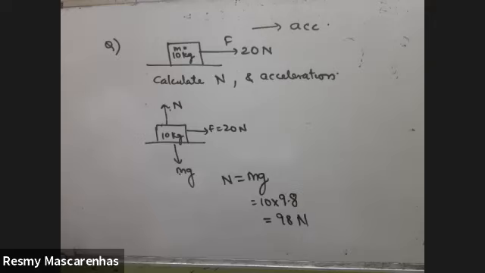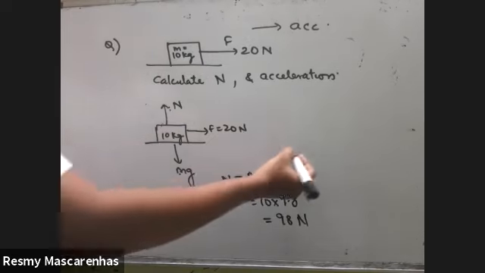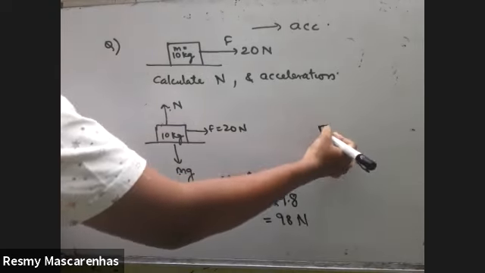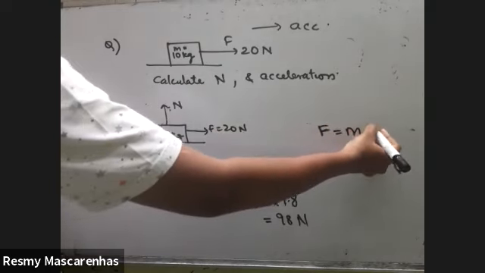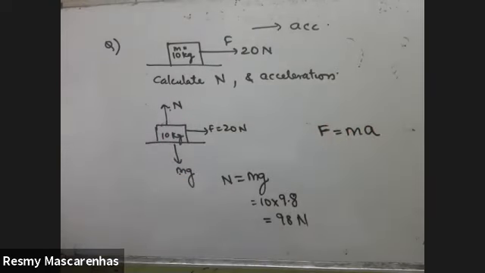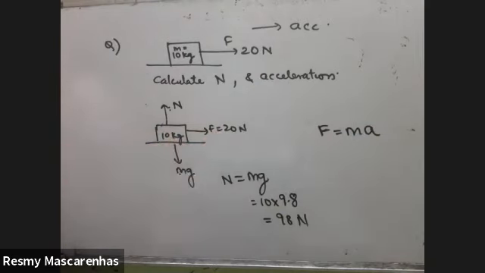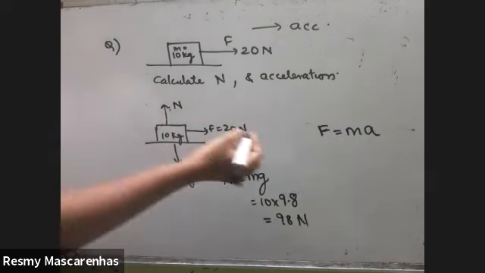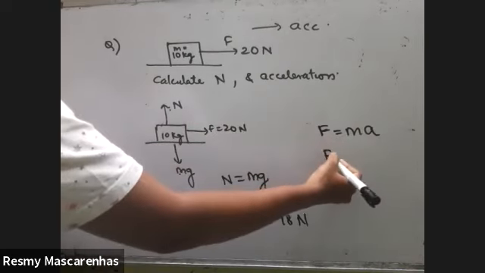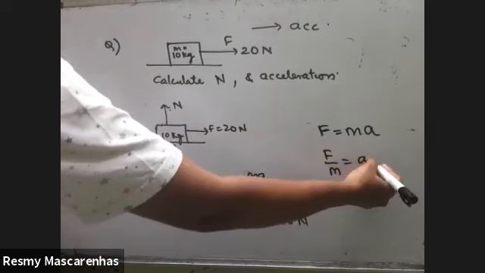Force will always be measured in terms of newton. So we got the first one. Now force is being given. We know the formula: force is nothing but mass into acceleration. Mass we know, force we also know, so we'll just substitute. Acceleration is nothing but force upon mass.